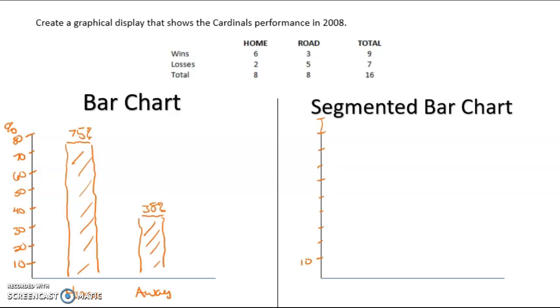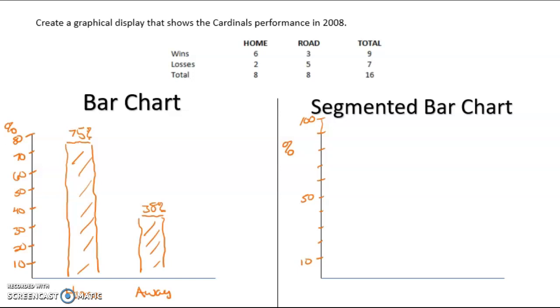I'm going to go all the way to 100 because now we're going to be representing everything, the wins and losses. If we figure out the winning percent, then we'll have the losing percent as well. So we'll have both sides of the coin in a segment.